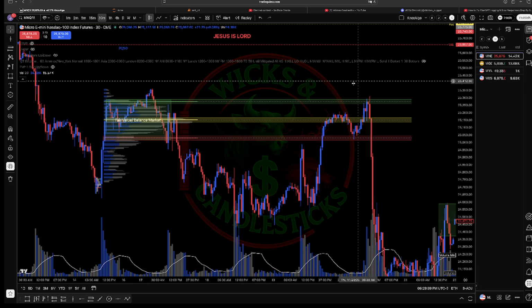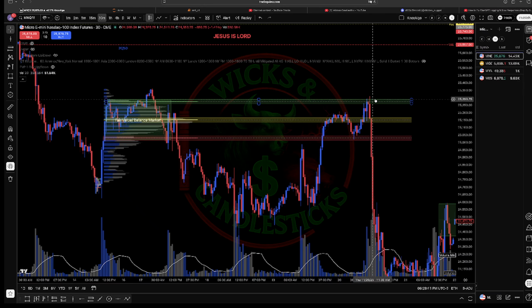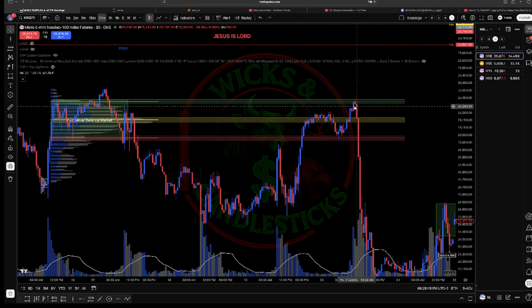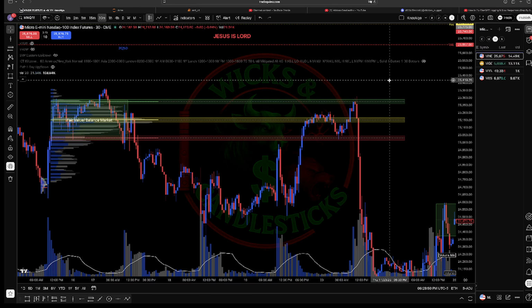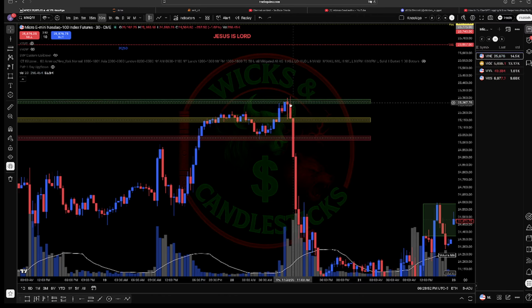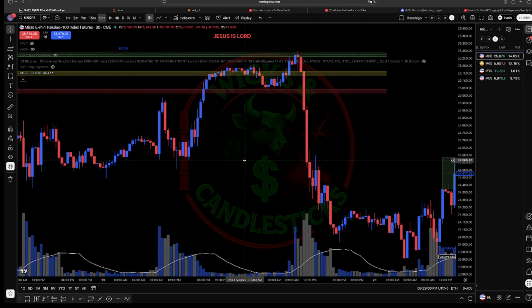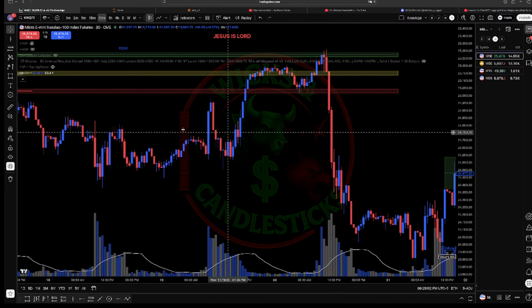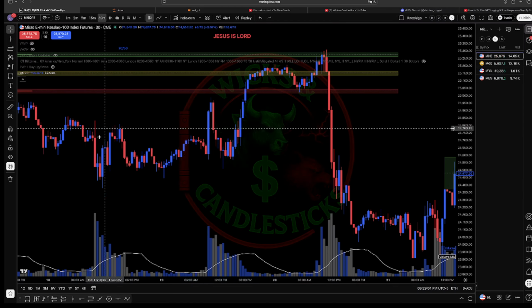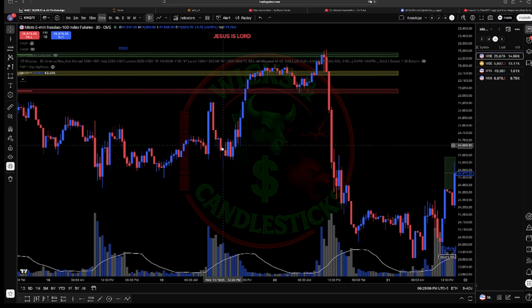When price came over in here, you look for a potential sale because you're at the value area high. If you drop down to the lower time frame, you will begin to see how price is starting a downward trend, and you could have caught this sale. Your exit could have been in this zone here or this one here.